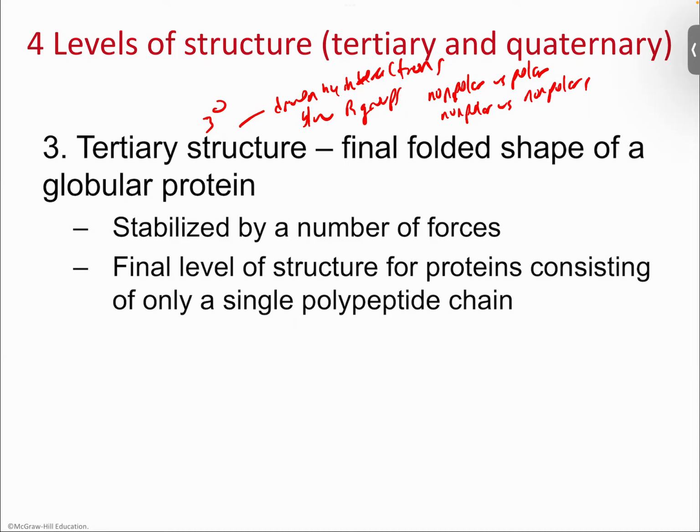But what that's doing is bringing two different, oftentimes very far-reaching R groups that are far away from each other in a linear space. But when you fold that up, you bring those two into close proximity to each other. And if they are a polar and a non-polar R group, then they are going to flee from themselves, right? They're going to run away from each other.